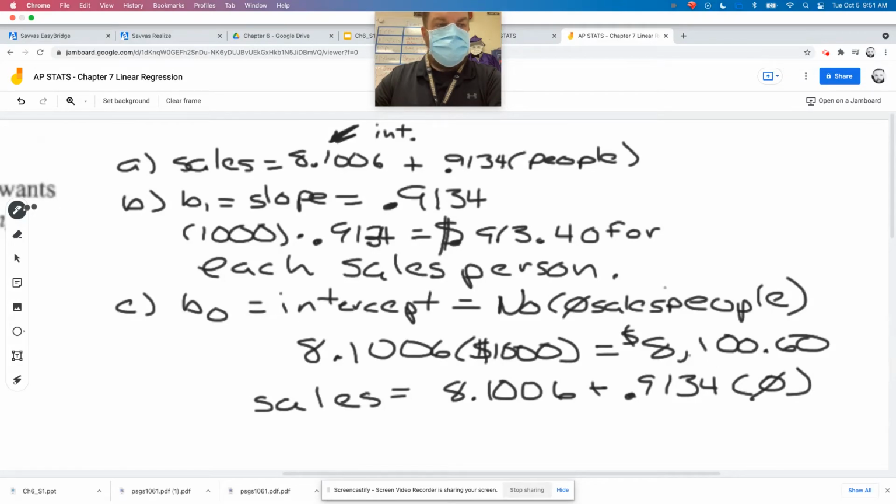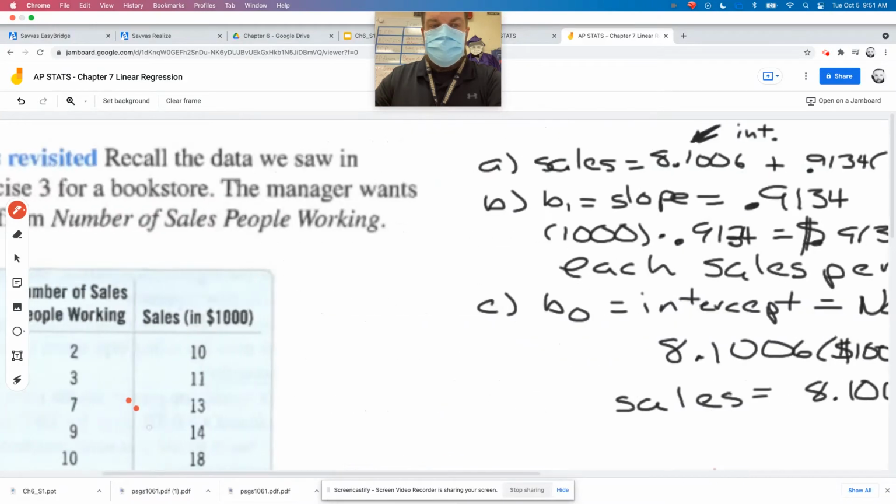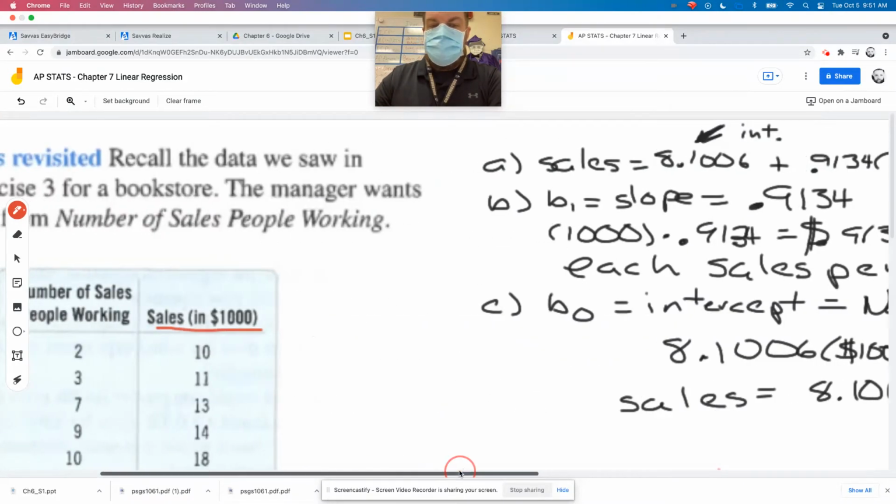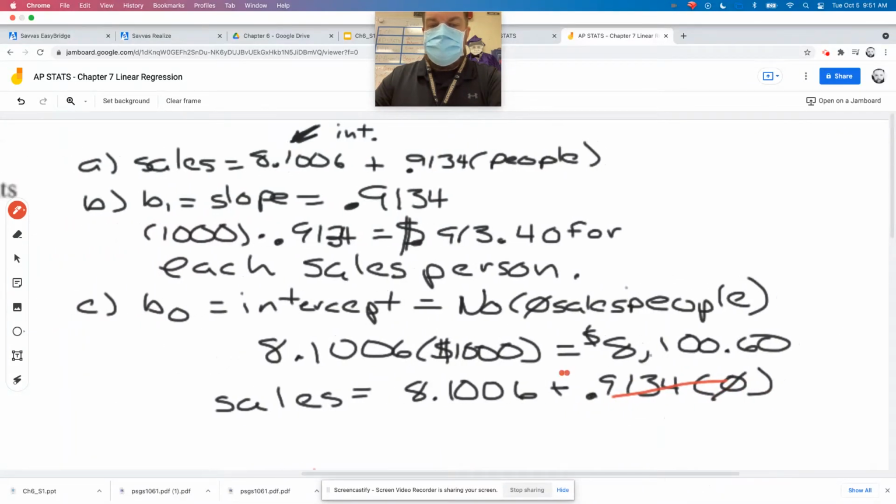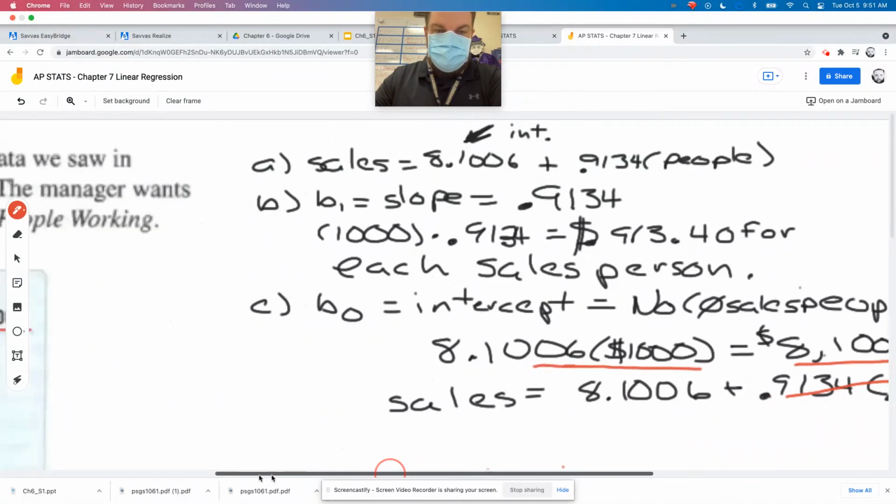So then what happens over here, what's 0 times 0.9134? 0. And you're left with this number here. But remember, the scale is in thousands. So my sales would be 8.1, and that's where I get this. If I multiply that by the 1,000, with 0 salespeople, I'll make $8,100.60. Okay, any questions on that one?